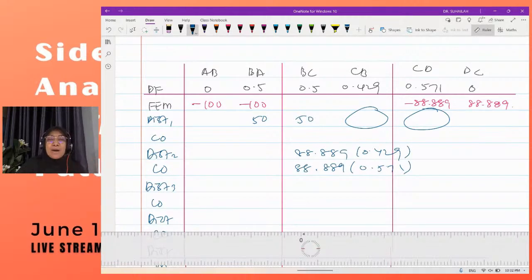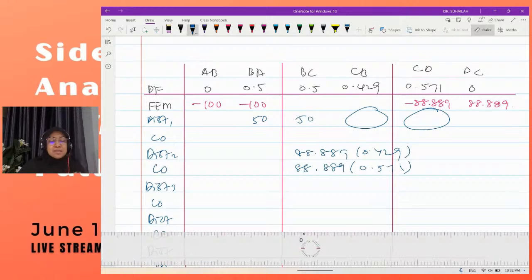Then we have to find the FEM for member CD, and it will depend on the ratio of L, EI, as well as delta prime.